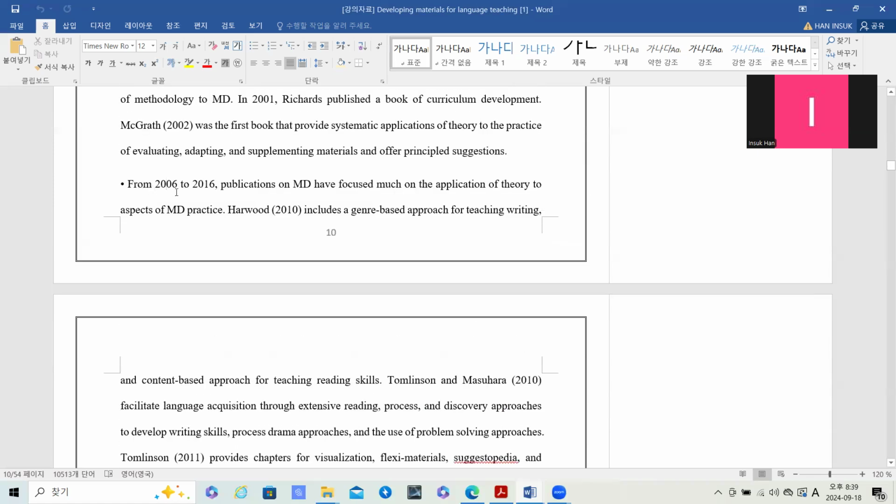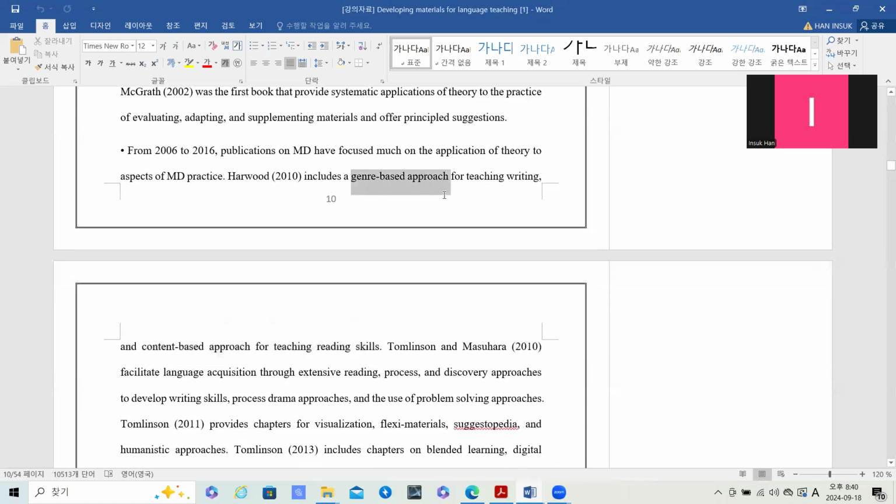Then from 2006 to 2016, publications on materials development have focused much on the application of theory to aspects of MD practice. In 2010, Harwood includes a genre-based approach for teaching writing and a content-based approach for teaching reading skills.